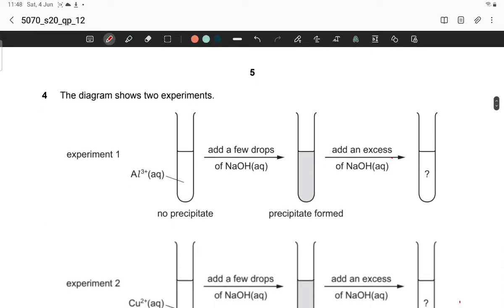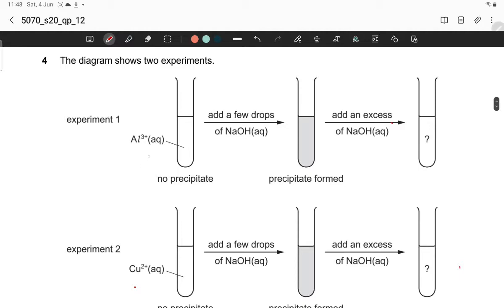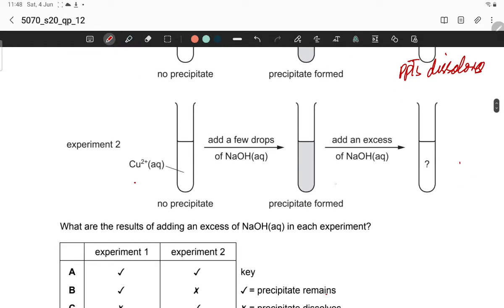The diagram shows 2 experiments. Experiment 1, aluminum 3+. Add a few drops of sodium hydroxide. Add an excess of sodium hydroxide. Precipitate formed, precipitate dissolves. Experiment 2, copper ions, precipitate formed. For copper ions, precipitate remains insoluble.